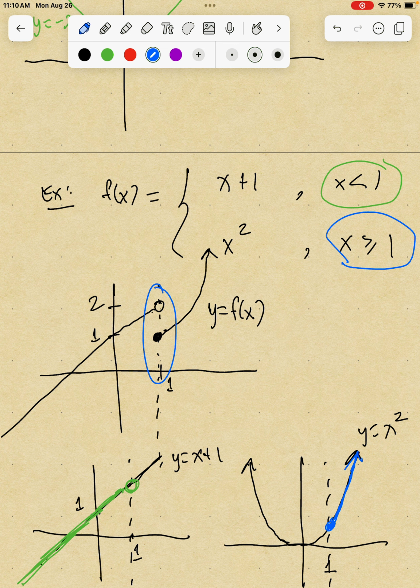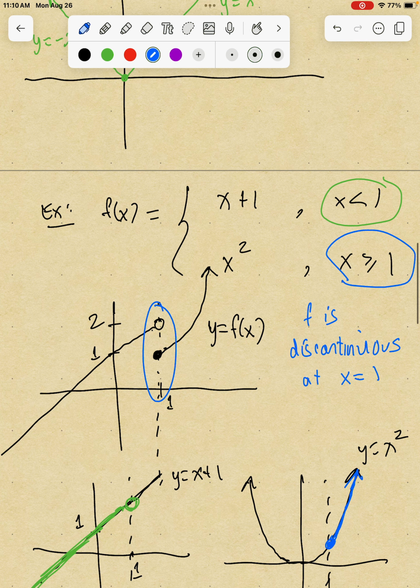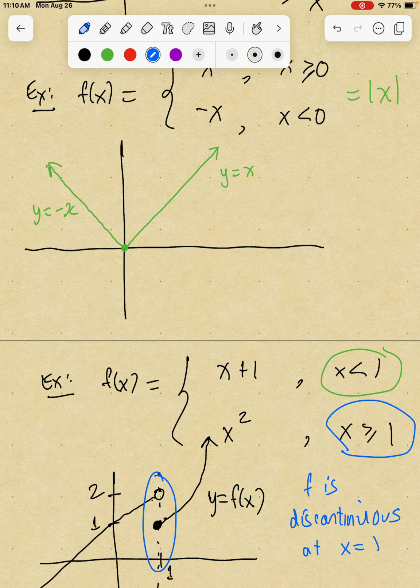So here you would say that the function is discontinuous at x equals 1, because the graphs don't line up. But here, the graphs do line up everywhere. So here you would say that this function is continuous everywhere, or that's the same as saying at every real number.